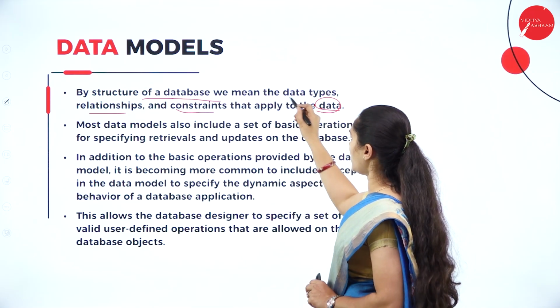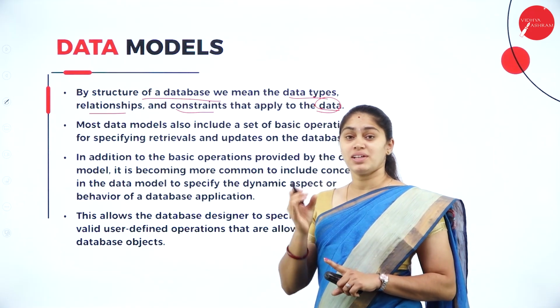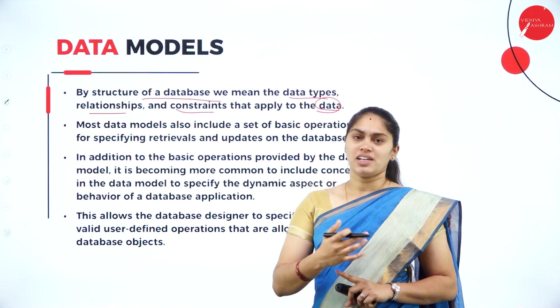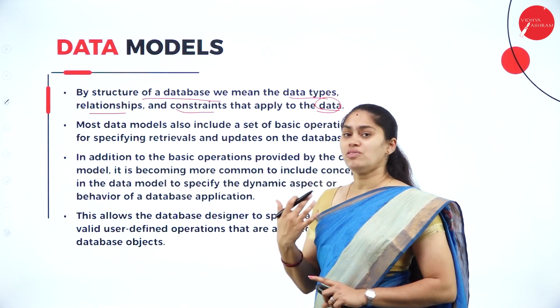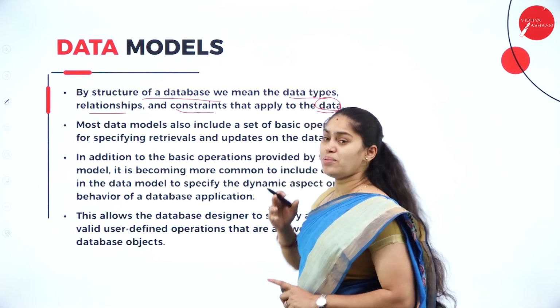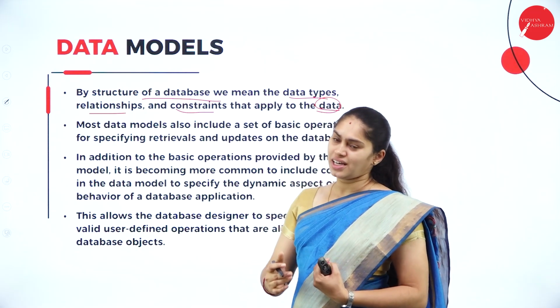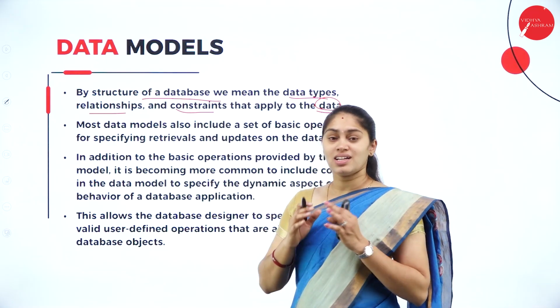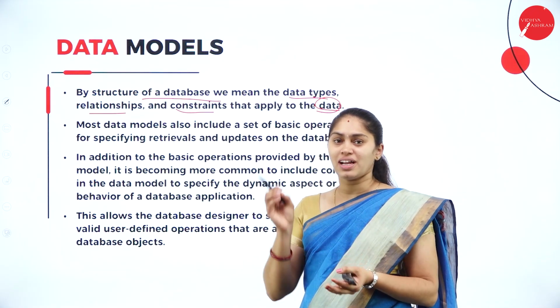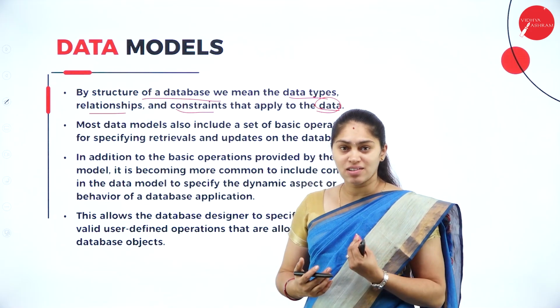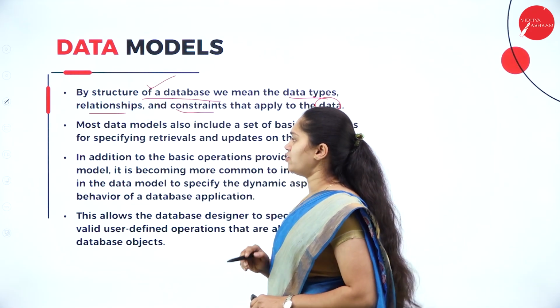It also includes data type. What must be the type of data, whether it needs to be varchar, integer, or date data type. So we should specify the data type, relationship, that means the associativity between the different entities, and constraint. What are the set of rules and regulations that we are incorporating on the data. So everything will be specified under this structure of database.